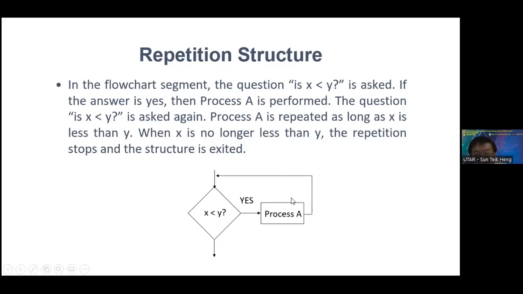So every time you repeat the loop, until this condition here is not met, or in another word, until your X is not less than Y. Then you exit. You don't repeat anymore. You come out. So you continue to loop, repeat until eventually your X is no longer less than Y. You exit. You come out from the loop.